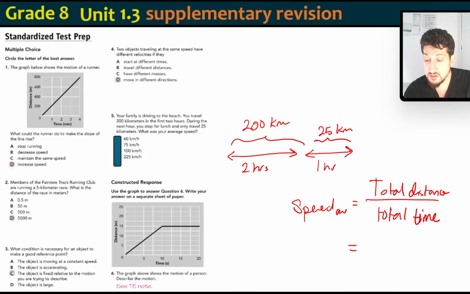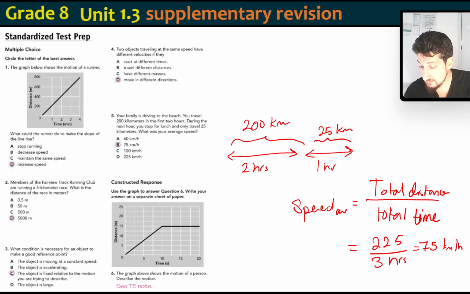Which equals, what's the total distance? 225 kilometers. What's the total time? 3 hours. So for those of you good at maths, you should know that that means 75 kilometers per hour. Okay, very good. 75 kilometers per hour.